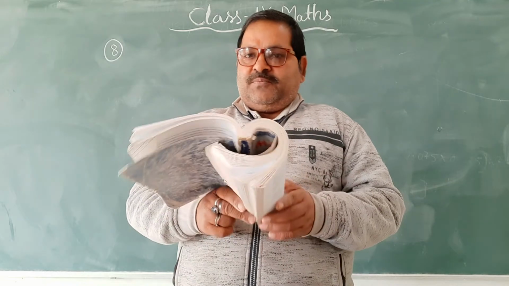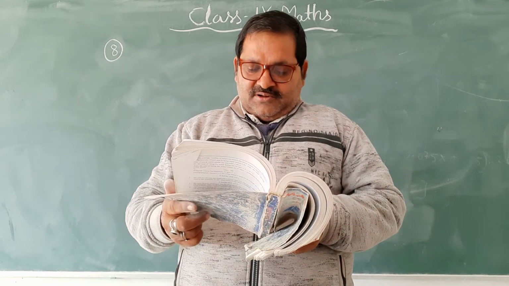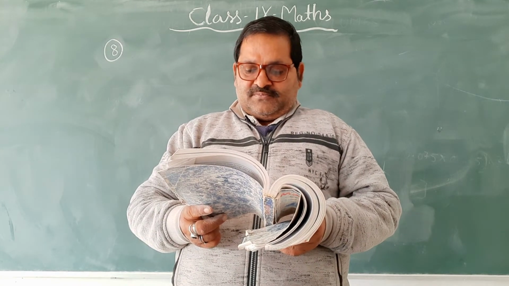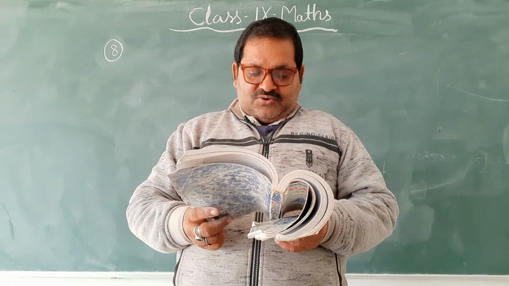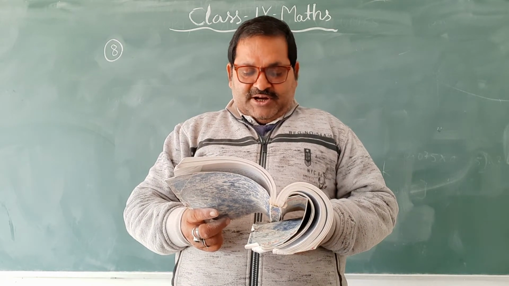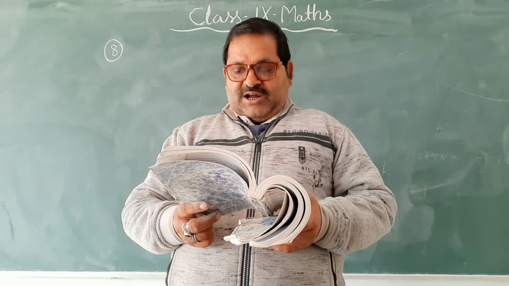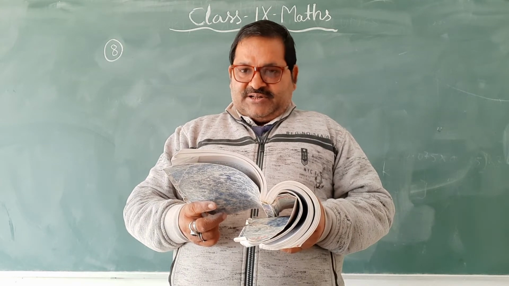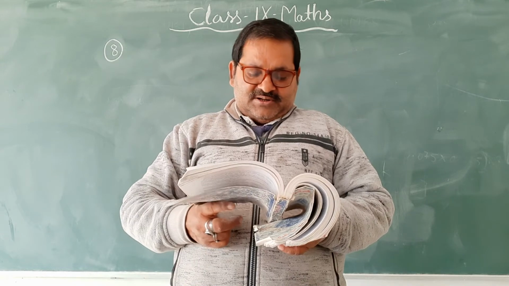A bus stop is barricaded from the remaining part of the road by using 50 hollow cones made of recycled cardboard. Each cone has a base diameter of 40 centimeter and height 1 meter.